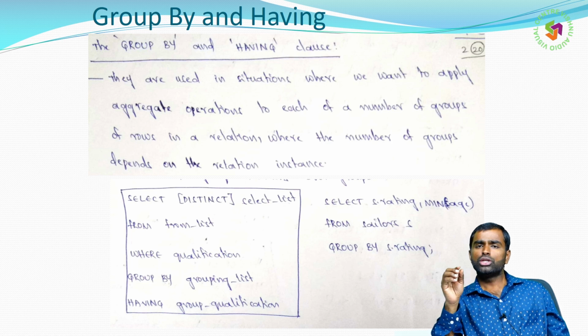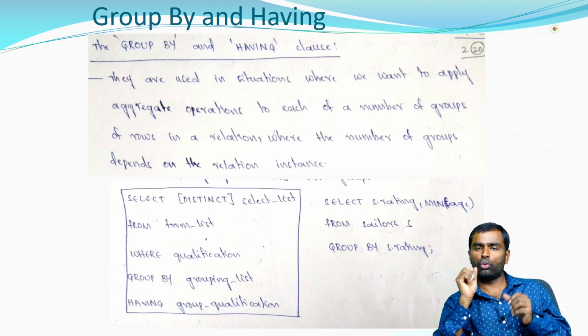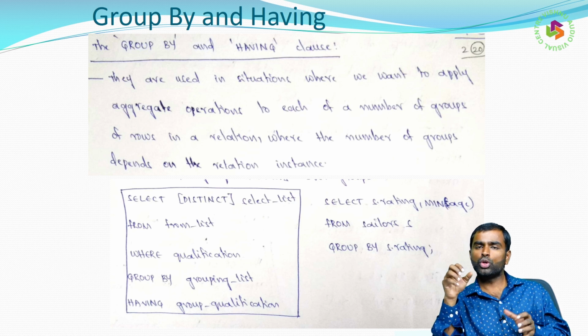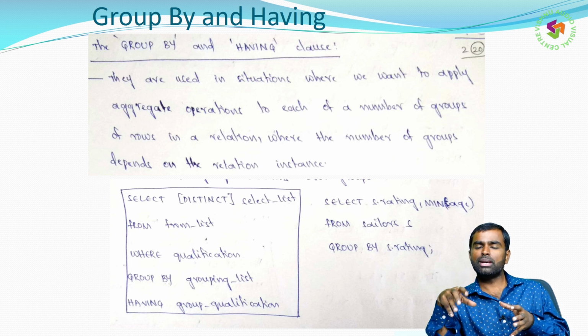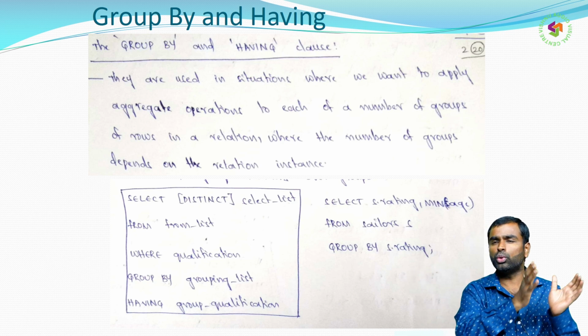Rating 10 given to 10 employees, for example; those 10 employees can be considered one group. Rating 9 given to 5 employees; those 5 employees are group 2. Rating 8, 6 employees got rating 8; those 6 employees are one group. Like that, based on rating you can divide into groups.